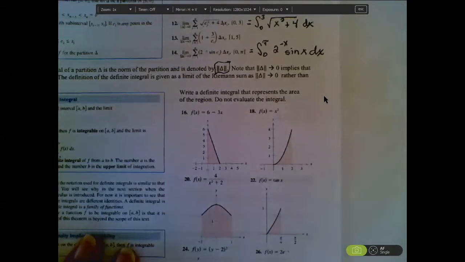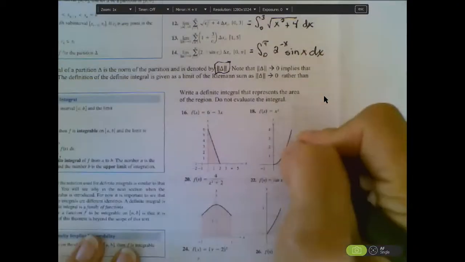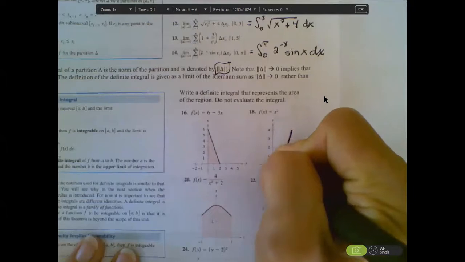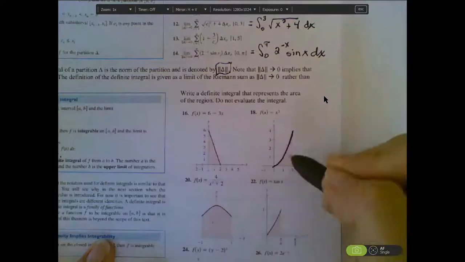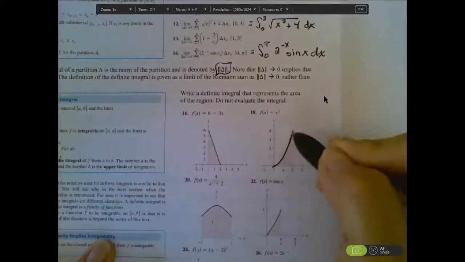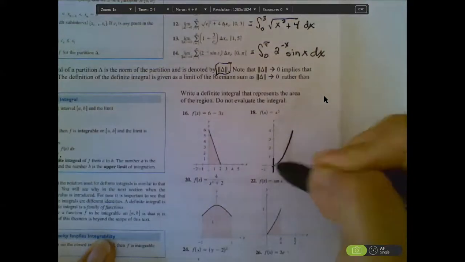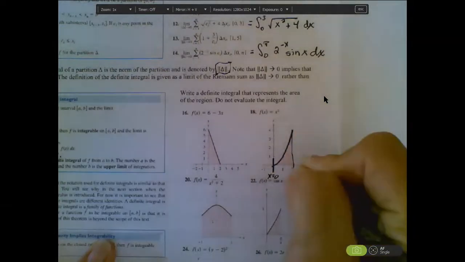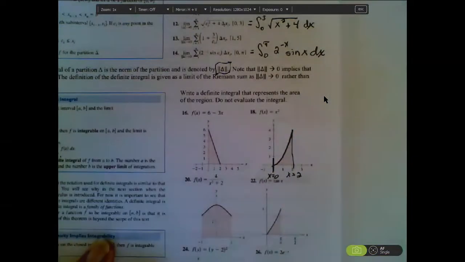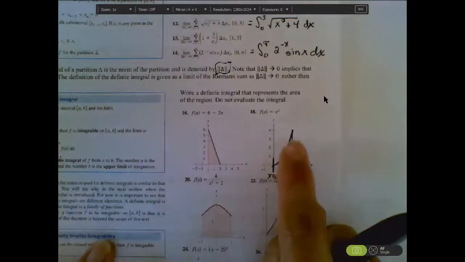So on number 18, I have the half parabola, y equals x squared, and I want to find the area bounded by that piece of parabola and the vertical lines x equals 0 and x equals 2. What definite integral would find that area for me?